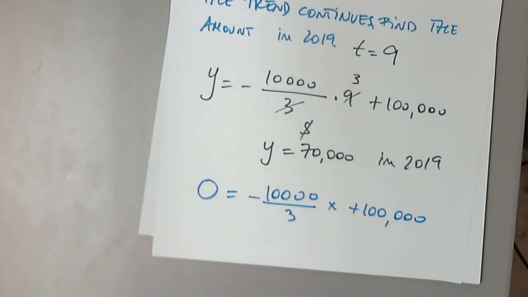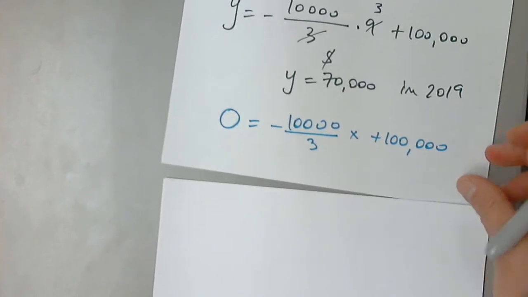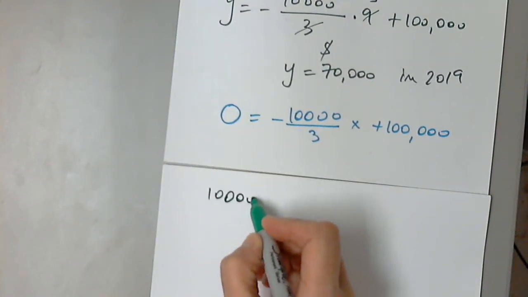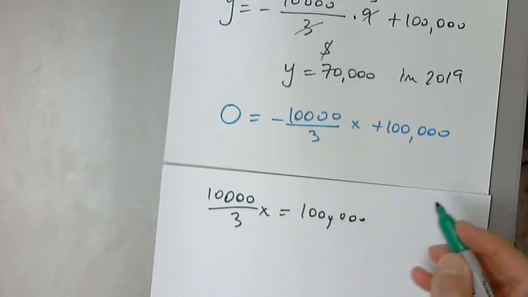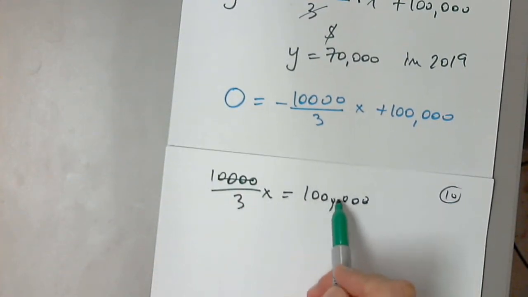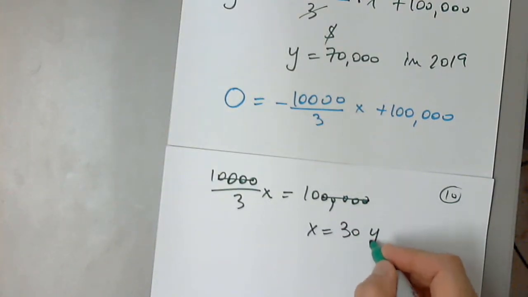Well done. So this will be 10,000 divided by 3 x equals 100,000. What I would like to do is cross these 4 out. So then x is 30 years.